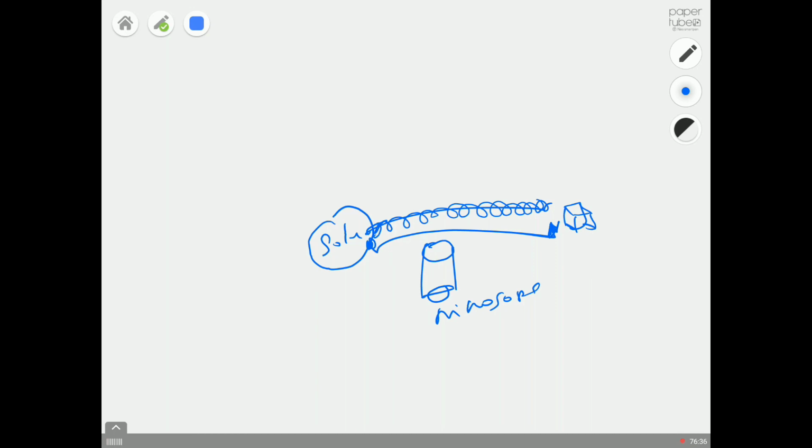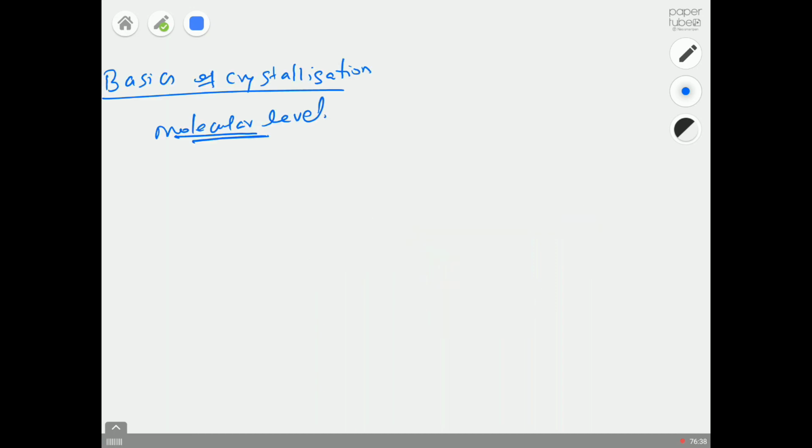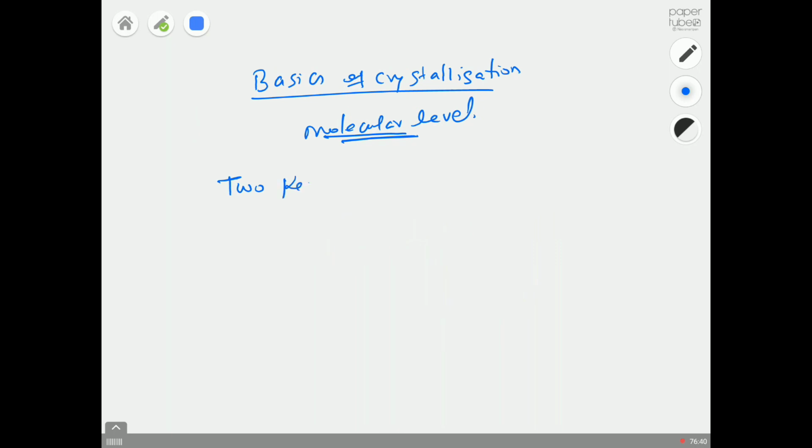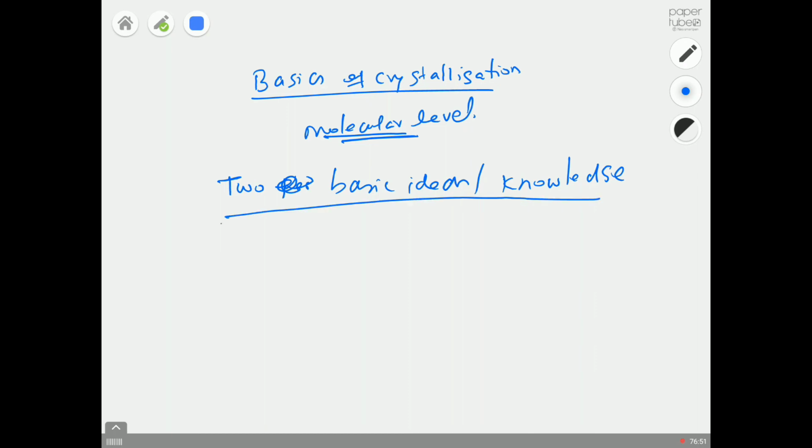So I'm just going to say you should have two key or two basic ideas or knowledge. The first one is you can create a solid phase in solution only if you have a supersaturated solution.